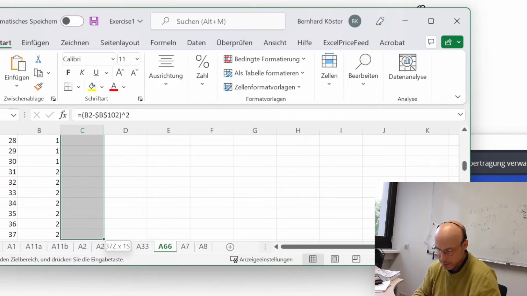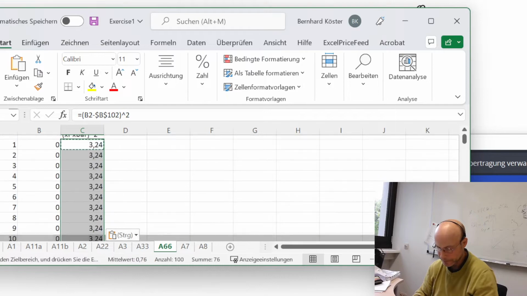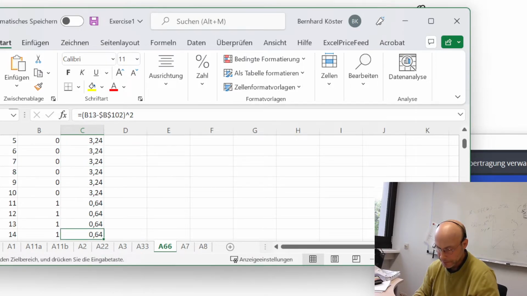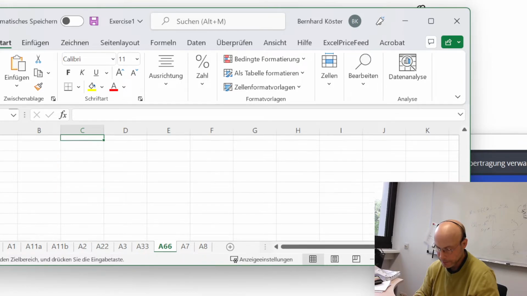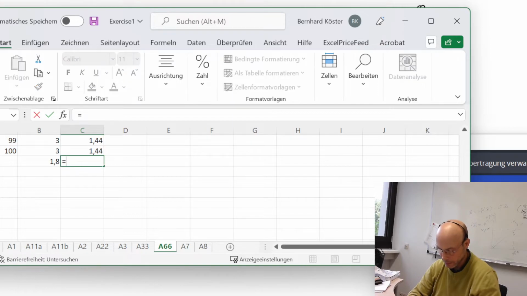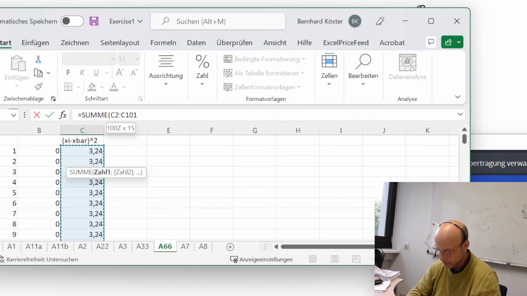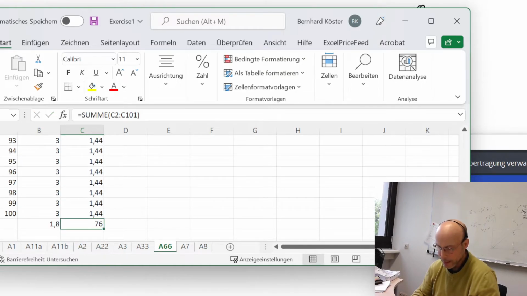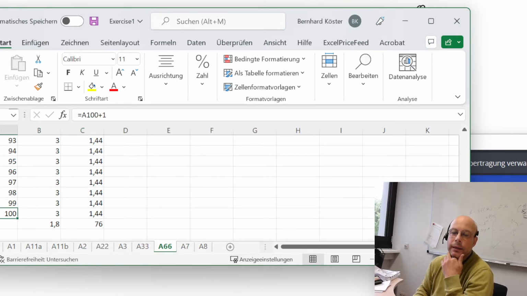Then we just move downwards this formula and we sum up all these numbers, and we have to divide this by our sample size 100 minus 1.